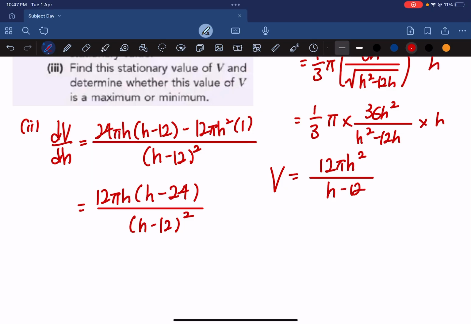Okay, so from here, to find the stationary value of V, we will let dV over dh be equal to 0.